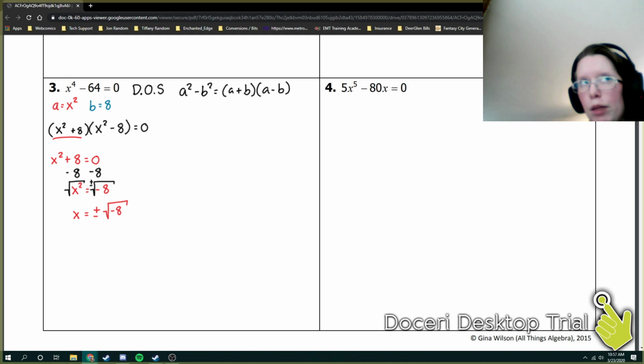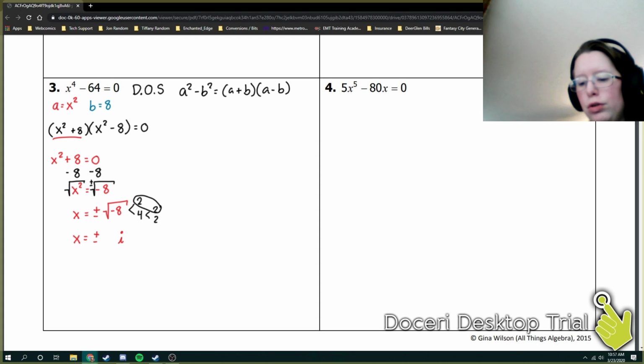Now this we can clean up a bit. The fact that there's a negative in that square root tells us that there's going to be an i, the imaginary number i, in our answer. Then I need to clean up the radical itself. So the square root of 8, let's see, it's 2 and 4, and 2 and 2. With square roots, we're looking for twin pairs.